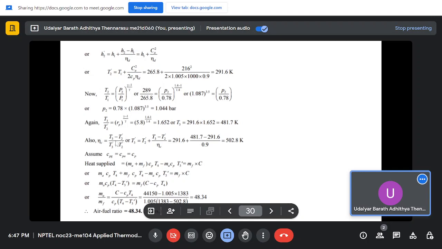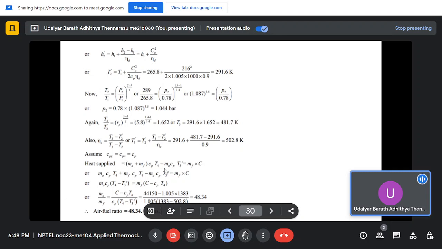Assuming that Cp is constant for ideal air, Cp can be cancelled out and enthalpy can be expressed in terms of temperature. So the compressor efficiency can also be expressed in terms of temperature: T3 minus T2 dash by T3 dash minus T2 dash. Just reformulating to find out T3 dash, T3 dash will be 502.8 Kelvin.